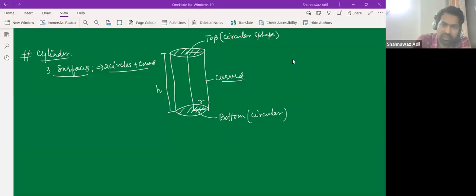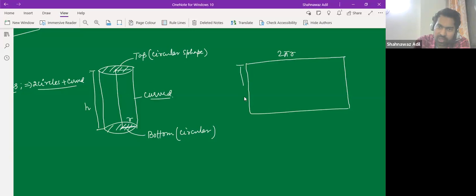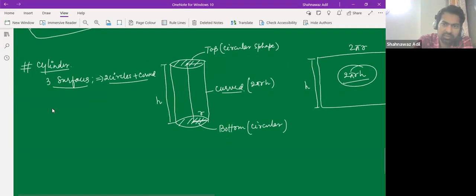So this curved surface area is a rectangle whose length is 2 pi r and whose breadth is h. So this is the curved surface area, right? Yes, guys, is that clear?